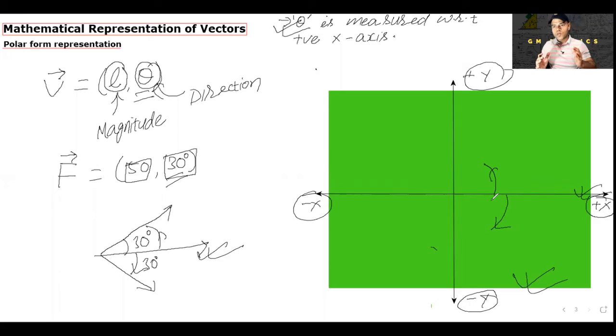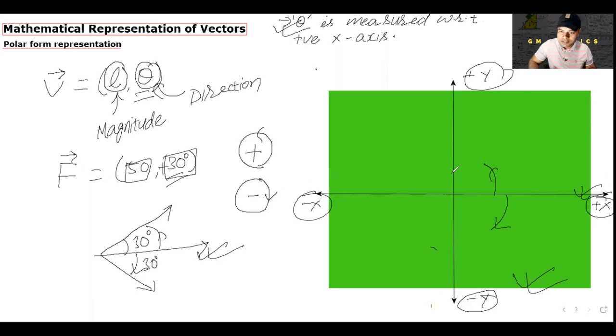For this, we have a proper sign convention. Here it is written plus 30°. When it is plus, then you have to move in anti-clockwise sense. Anti-clockwise means plus. And if it is given negative, then you have to move clockwise with respect to positive x-axis.